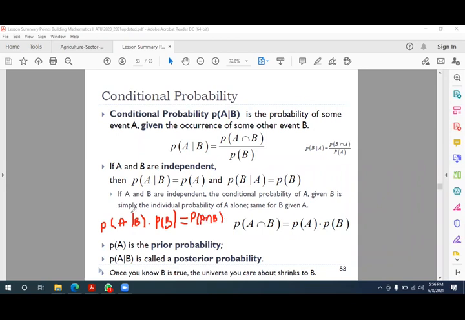So this is a statement we can deduce from this conditional probability here.